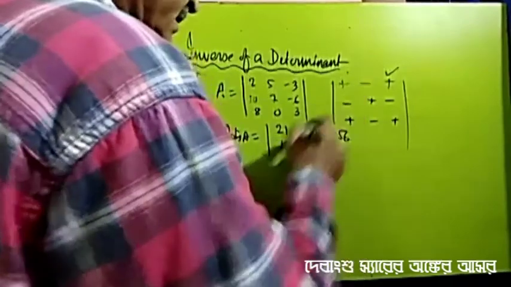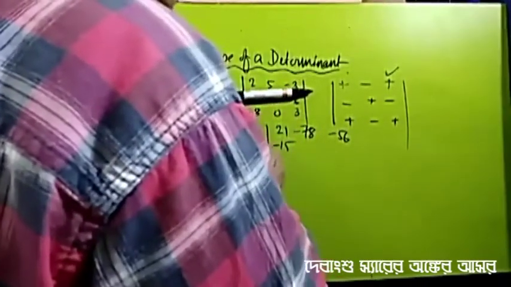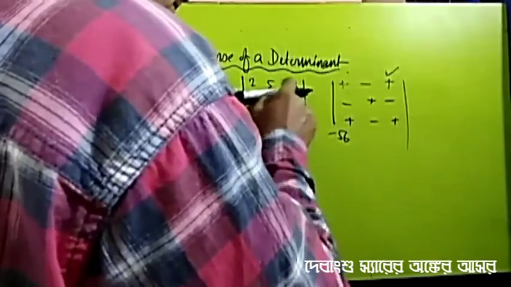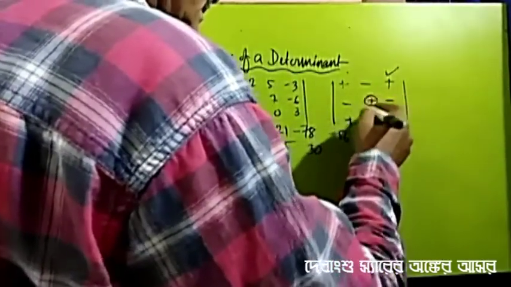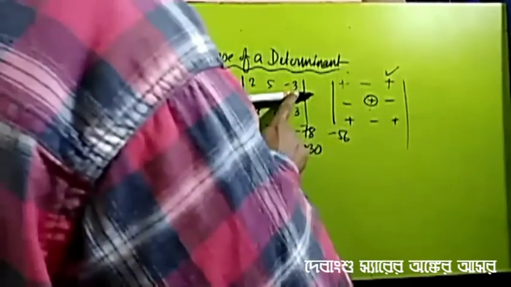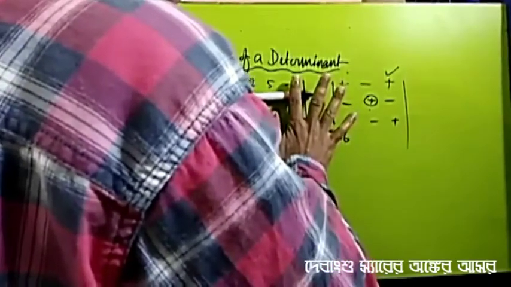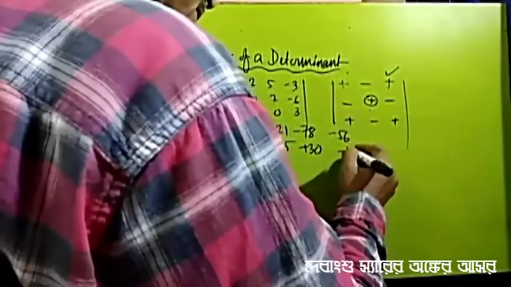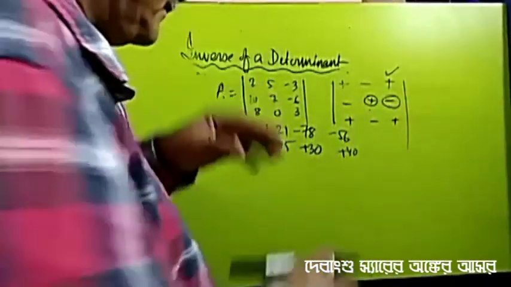It is a minus element, so change the sign. For 7, it is 6 plus 24, that is 30. It is a plus element, so retain the sign. Then for 6, eliminate this, 0 minus 40. So minus 40. It is a minus element, so make it plus.